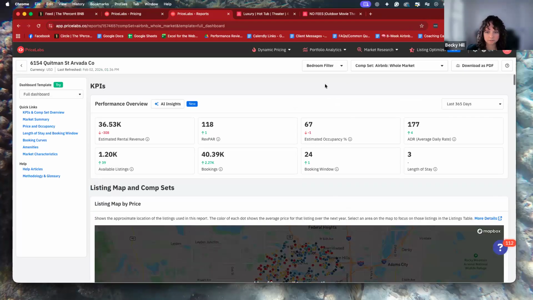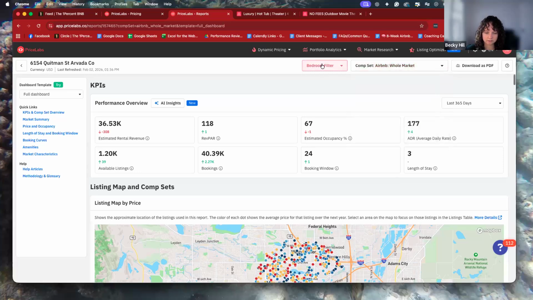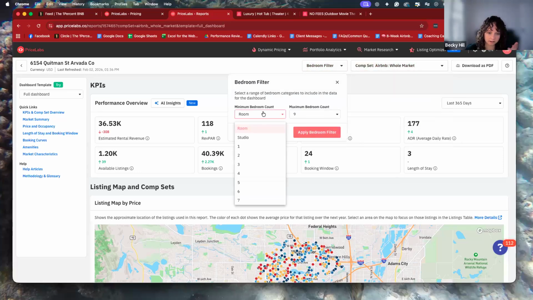So now what we can use, and I don't recommend using this for everything, but technically you can come in here and change your comp set. So two options, you can come in here and change it to, if I'm looking at length of stay or amenities or a lot of these other options, I'm gonna do like 4 to 6 bedroom because I'm really just looking at larger homes.